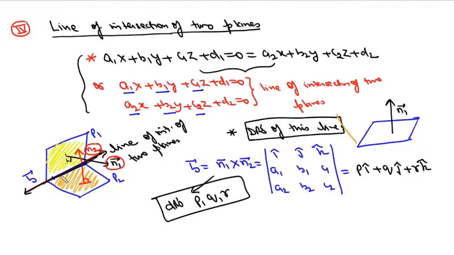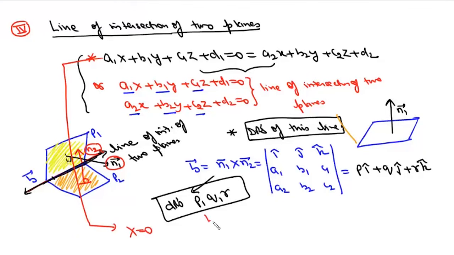Now we need a point on this line. Essentially these two linear equations will intersect in a line, so they'll have infinite points of intersection, and from these infinite points we have to find any one point. For this, we'll arbitrarily put the value of one variable as 0 or any other value which you like, and then solve the linear equations to find values of the other two variables. Say for example, we can put x as 0.